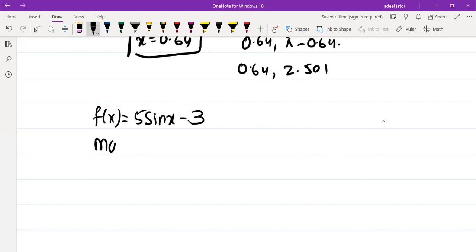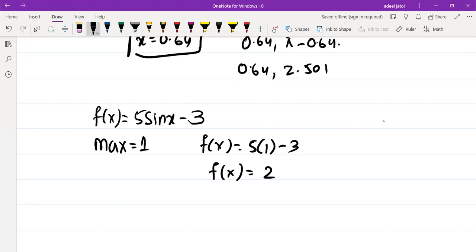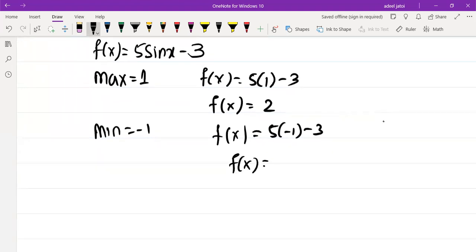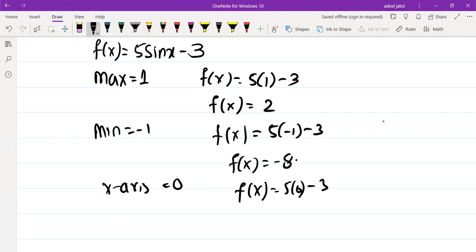So if I need to take out the maximum value, sin is always 1, so f(x) is equal to 5 multiplied by 1 minus 3, which becomes 2. The minimum value of sin is minus 1, so f(x) is 5 times minus 1 minus 3, which becomes minus 8. At x equal to 0, it should be minus 3.